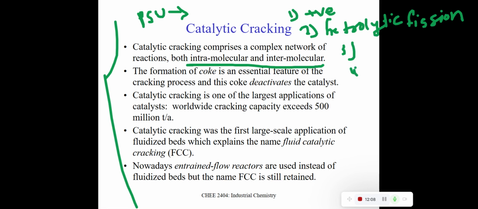Zeolites are the catalyst used in this catalytic process.